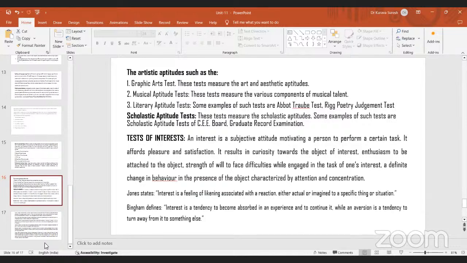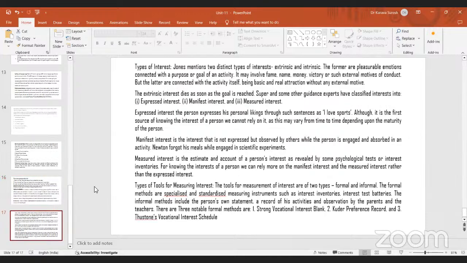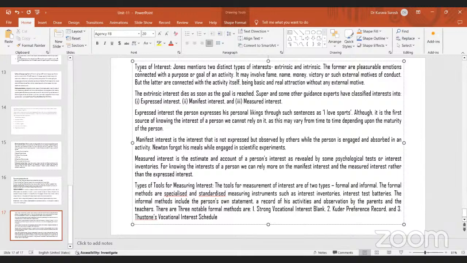Experience continues, and the tendency to turn away sometimes occurs. Types of interest: Jones varies the strength type of interest as extrinsic and intrinsic, extraversion and introversion. The formal pleasurable emotion is concerned with the pressure and goal of effective activities.